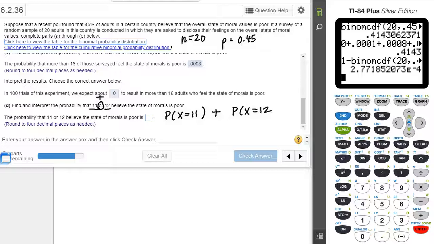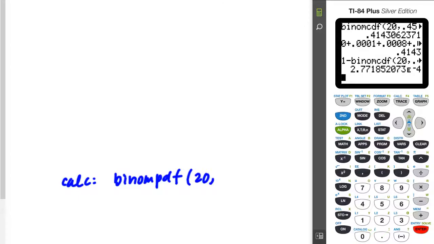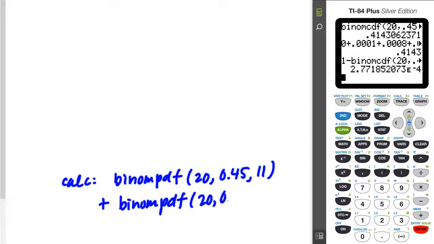So 2 ways we could do this, again in the calculator. It'd be the binomial PDF this time, exactly 11 for n 20, probability of success 0.45, and 11, plus the binomial PDF for n 20, probability of success 0.45, and we want 12.